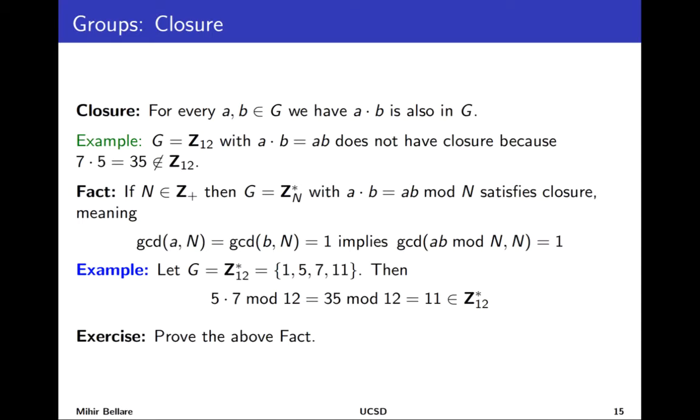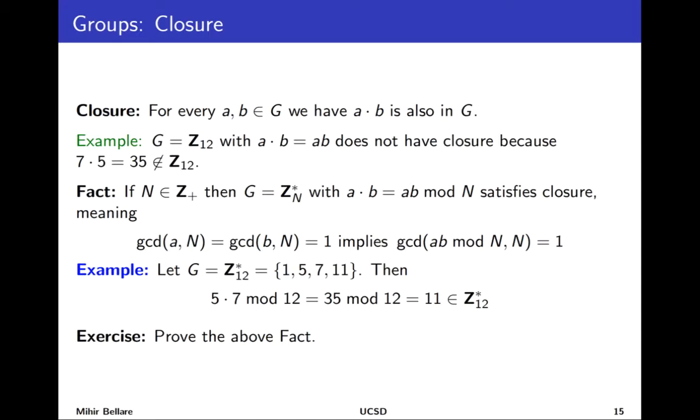A more interesting example is the integers mod n relatively prime to n. So say n is some positive integer, and we look at Zn star as the set G. And let's define the operation on A and B to be A times B, integer product, but then you return the result modulo n. And we claim it satisfies closure. Now, you might think at first, well, of course, because A times B mod n is smaller than n, and so that tells you that you have closure.